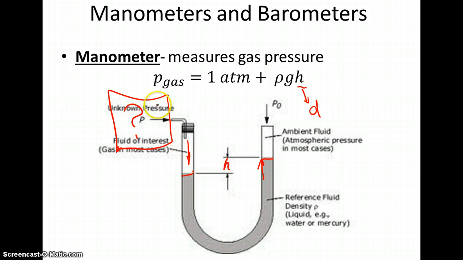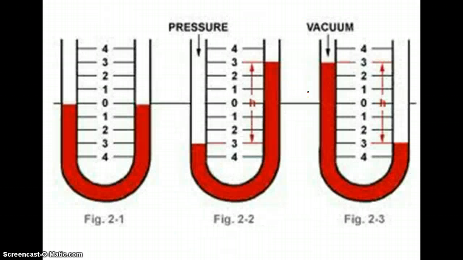If for some reason this is a low pressure system, it is going to draw this liquid up, and that liquid is actually going to be lower than what it started, which would be a negative H in this case. And so if we want to know the pressure of that unknown gas, we can take 1 atmosphere plus the density of the liquid that we're using, gravity, and the change in height, whether that's positive or negative.